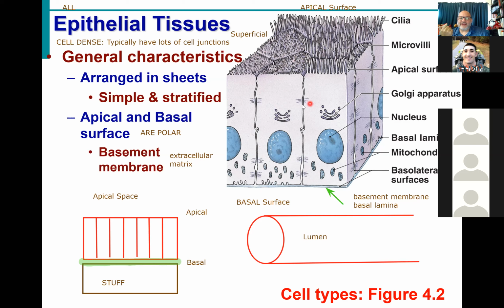Notice our illustration has some desmosomes here that are linking these cells together. So what influences and affects the cell at the top and what can influence it from the bottom or the sides is going to be different. So what they're actually pointing to here are the basolateral surfaces, the basal and the lateral surface together called the basolateral surface.